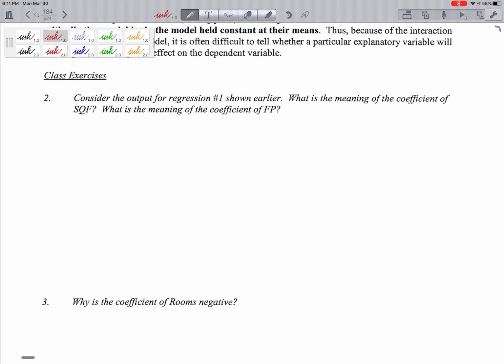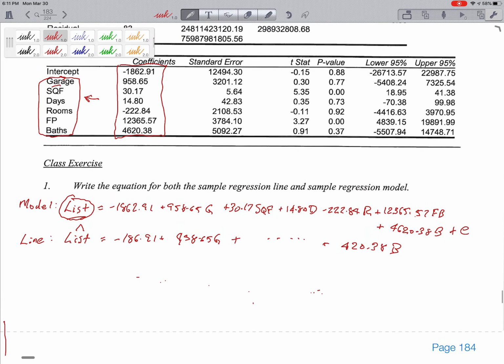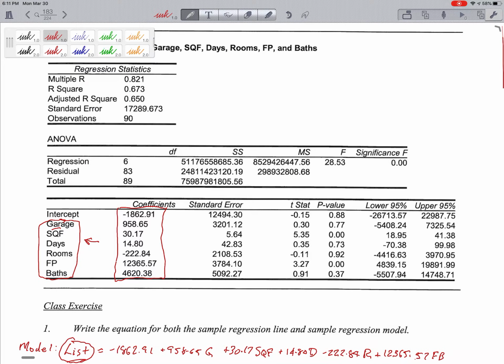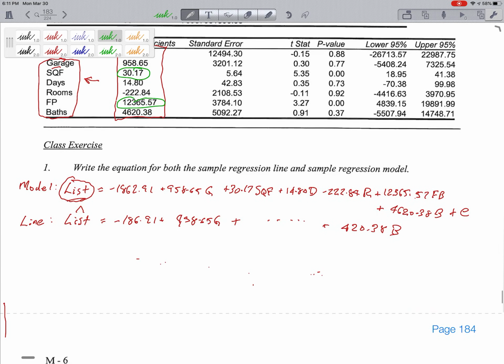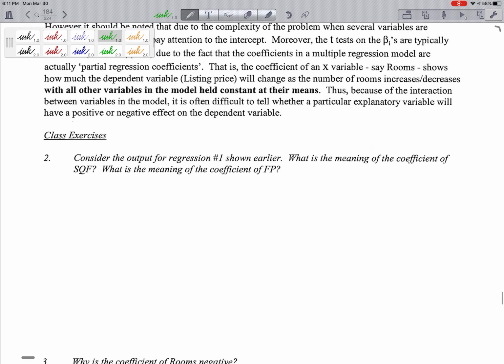So, considering the output for regression number 1, what's the meaning of the coefficient of SQF, and what's the meaning of the coefficient of FP? So let's go back up here, and we're talking about these coefficients right here, square footage and fireplaces. Holding that in your mind, or you can scroll back up there.